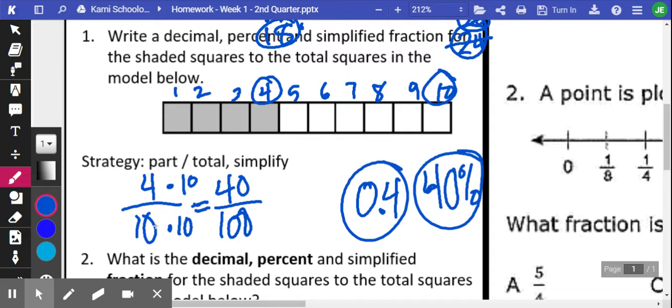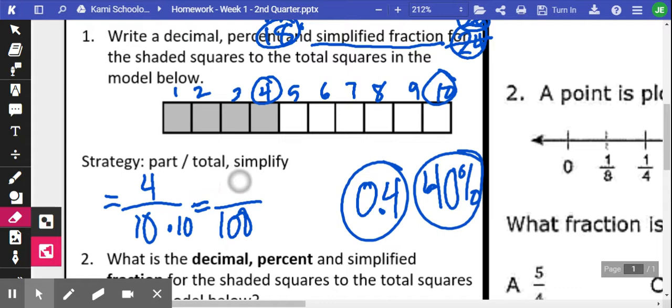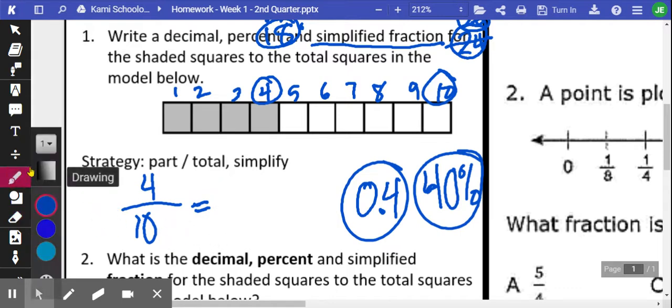We have a fraction, but we need a simplified fraction. So the other way we can simplify this here, so that was getting our percents. The other way we can simplify this is breaking down the common factors. So we look at factors of 10, and we're going to get 2 times 5 is 10.